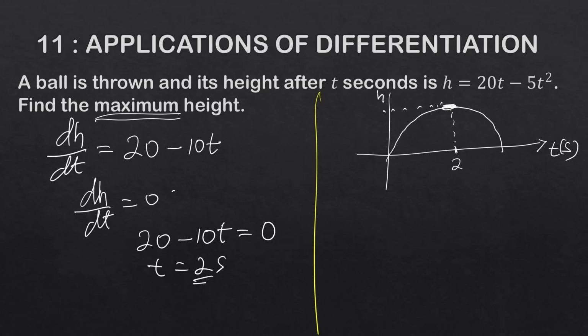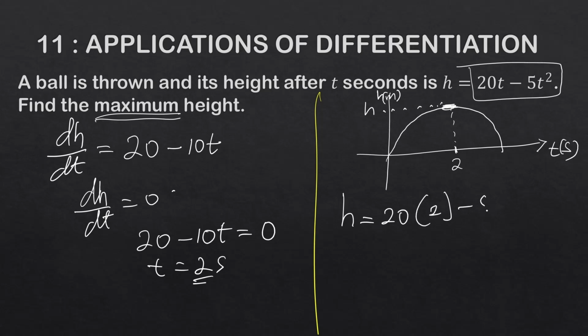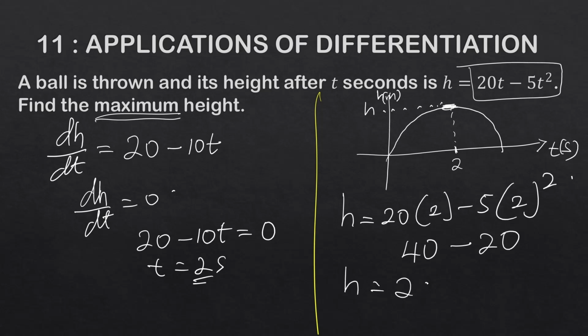Because this is height in meters. So what height will correspond to that 2? You substitute this back into the equation and that will give you the answer. So h is equal to 20 multiplied by 2 minus 5 bracket 2 squared. So this is 40 minus 5 times 4, which is 20. Height is going to be 20 meters.